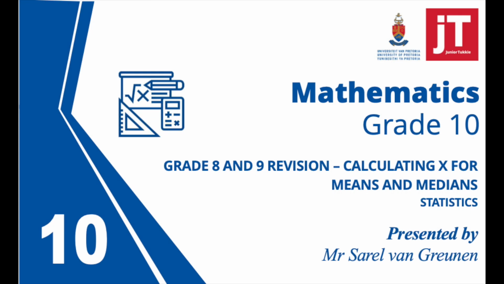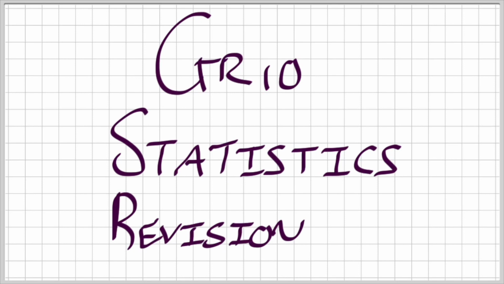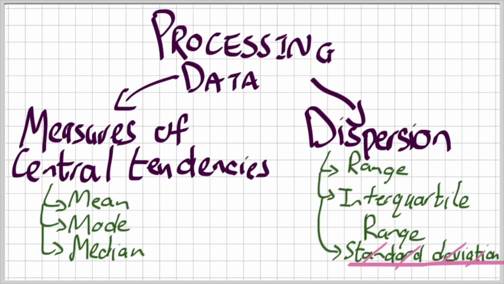This is Mr. VG here, and I'm on video 3 in the series on grade 10 statistics, looking at the revision of grade 8 and 9 maths, grade 8 and 9 statistics. In our first video, we looked at the different measures we're going to use, central tendency and dispersion, with standard deviation being grade 11.